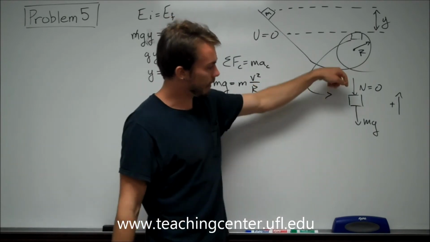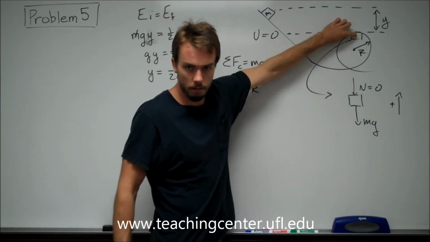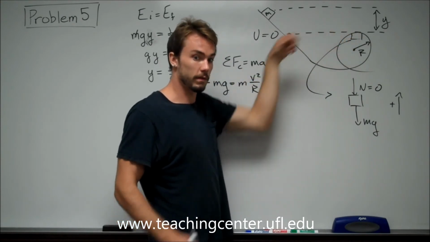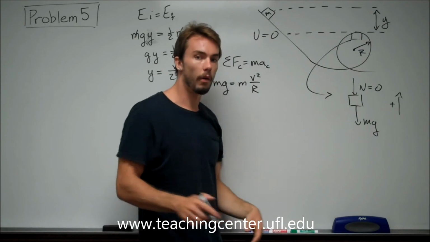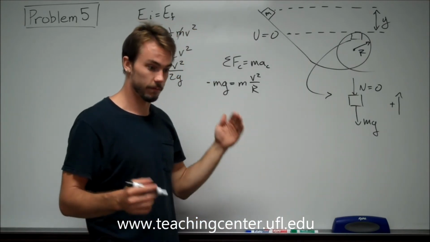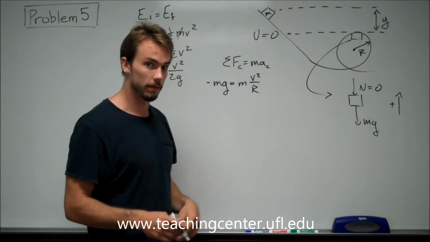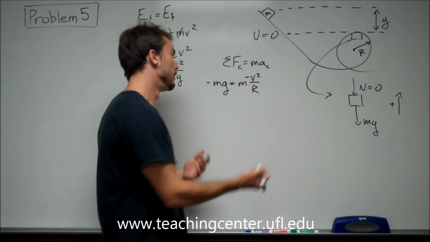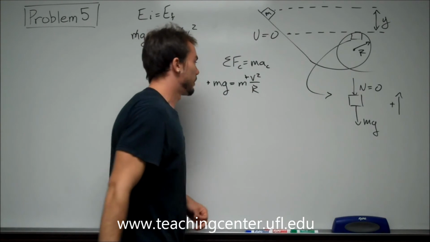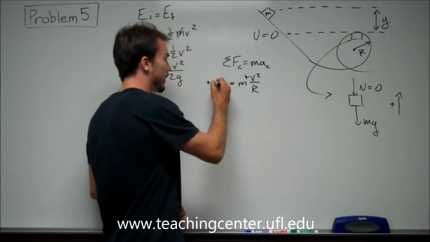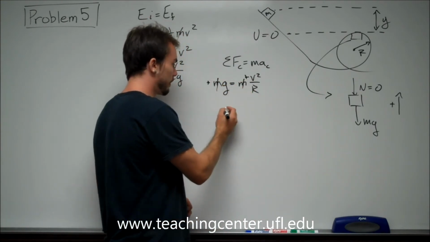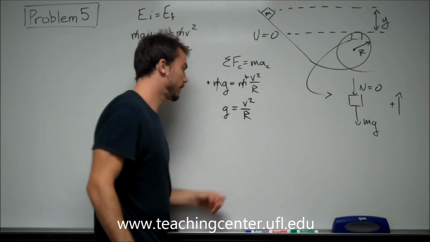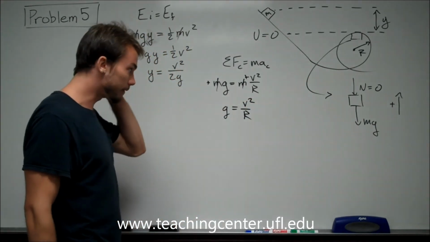The acceleration vector at the top of the circle points downwards. The centripetal acceleration vector for an object moving in a circle always points radially inwards, from wherever you're at towards the middle of the circle, so in this case straight down. So this is also a negative term, and it ends up canceling itself out. No big deal. We can cancel out our m's, and we're left with g equal to v squared over r.